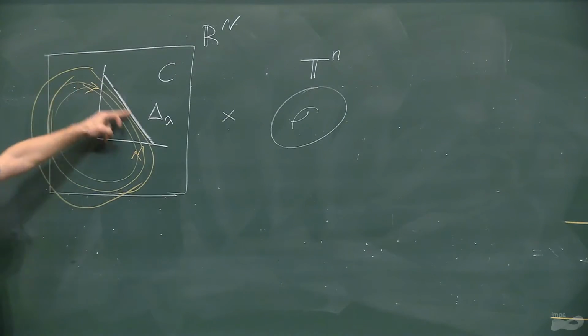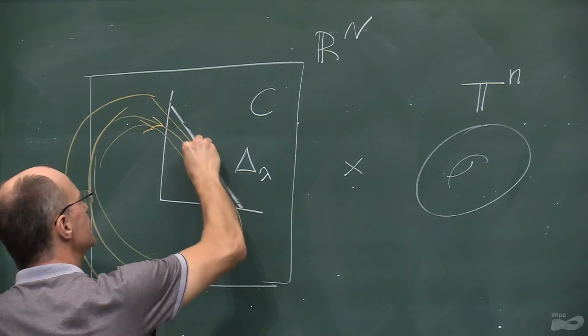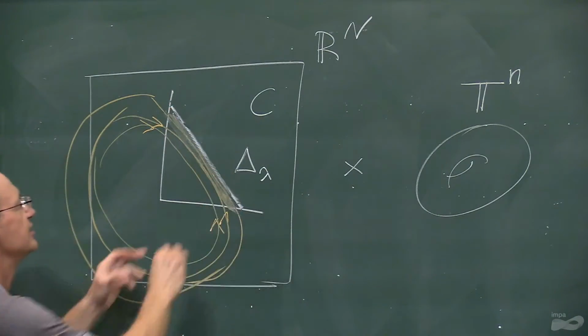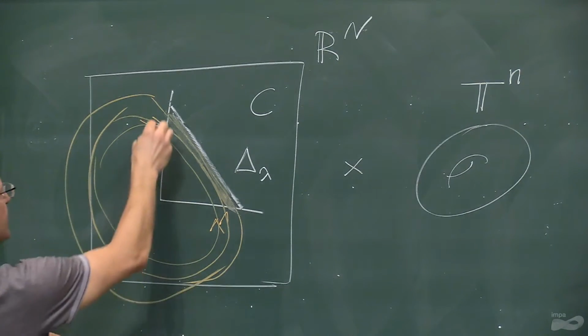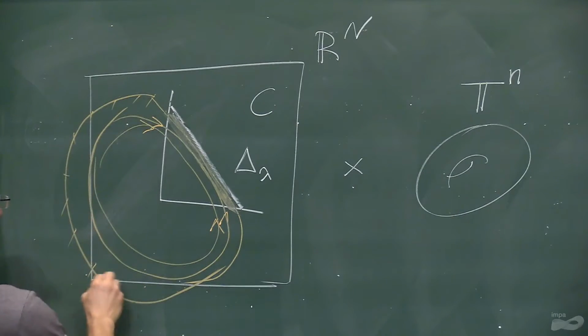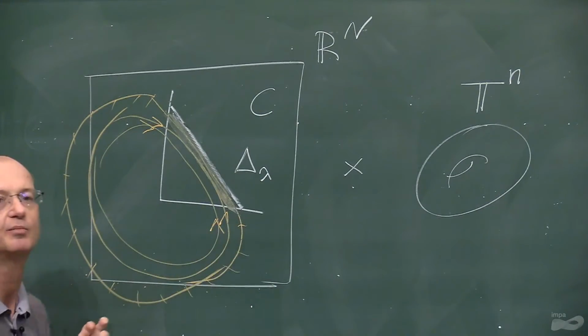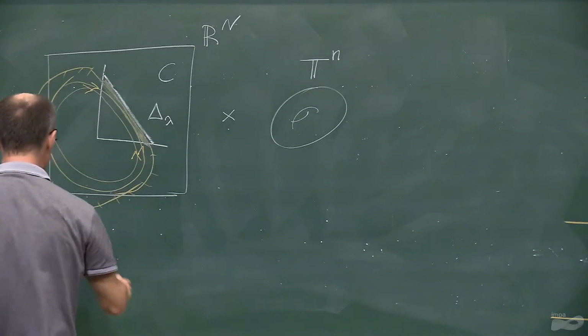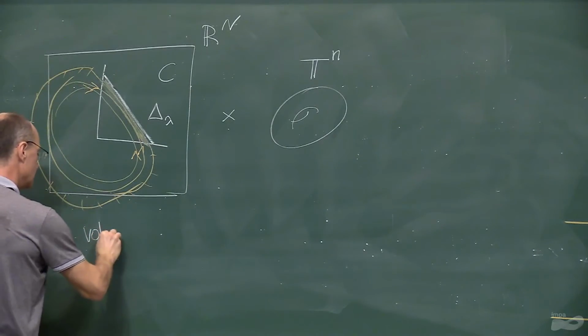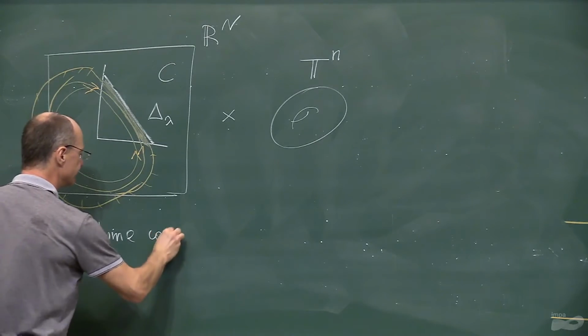So for instance, when we're here, this part of the leaf is very, very thick with symplectic volume. And here there is almost nothing on this remaining part. So this phenomenon we call volume concentration.